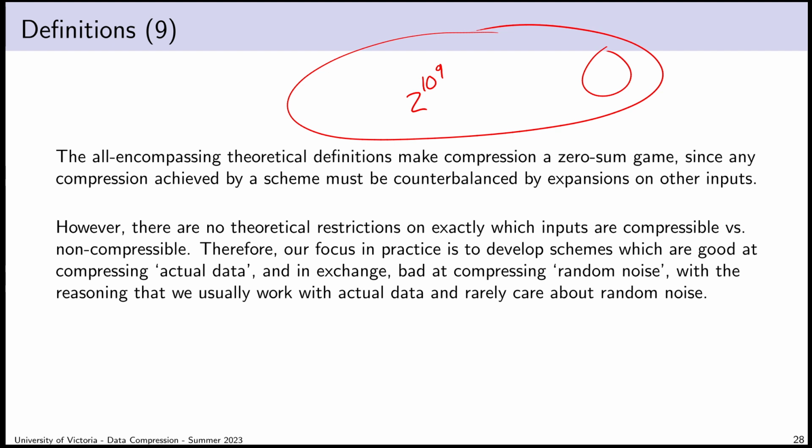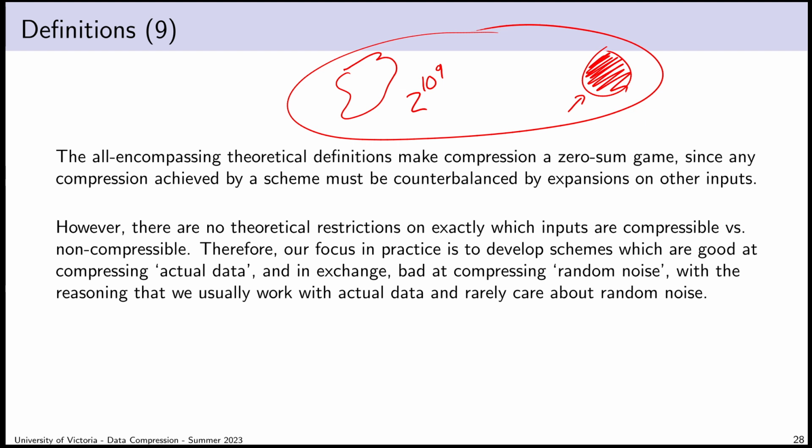So if we consider actual data, even by the most liberal definition possible, where actual data is literally any data that's ever existed anywhere for any reason for any amount of time, that's still only a tiny fraction. So why don't I just write a compression scheme that's really good at making this kind of thing smaller, and if it has to make something bigger, have it be something from out here.